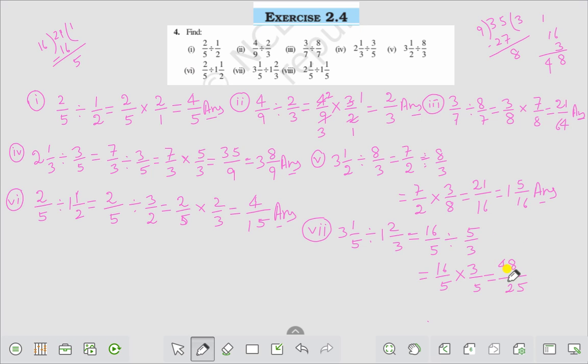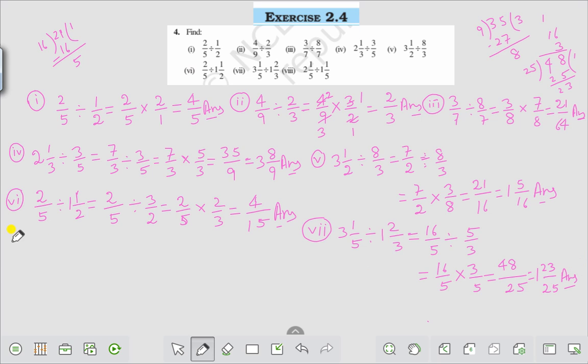Now divide 48 by 25. 25 ones are 25. 8 minus 5 is 3. 4 minus 2 is 2. Right? Therefore it will be equal to 1 whole 23 by 25. This is the answer of question number 7.